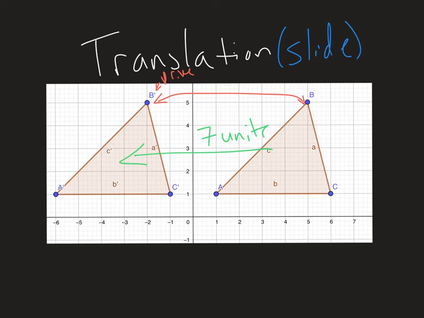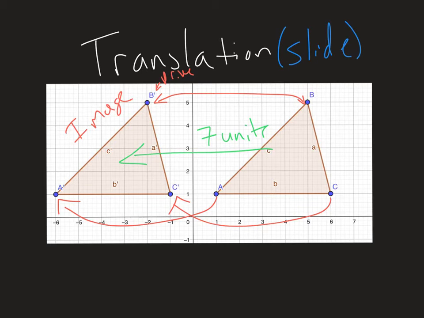Likewise, once I move A, it turns into A prime, and the same with C and C prime. That's pretty standard across the board when we're talking about rigid motions. When I move one thing to another space, I have to somehow differentiate between the initial one and the after, sometimes called the image.